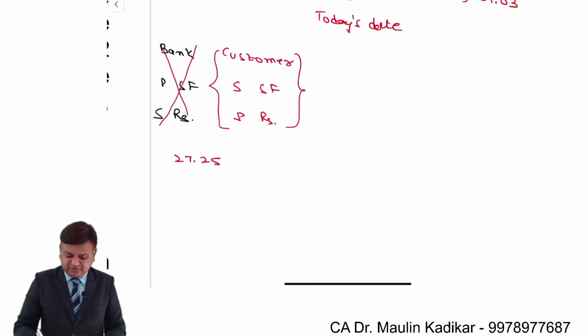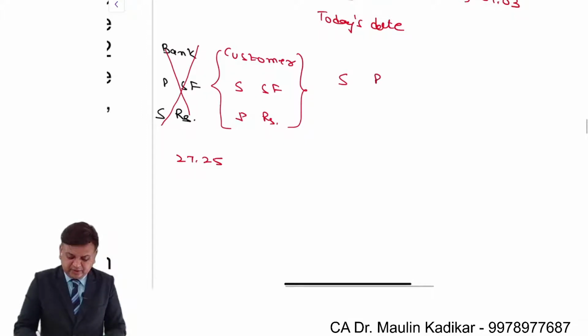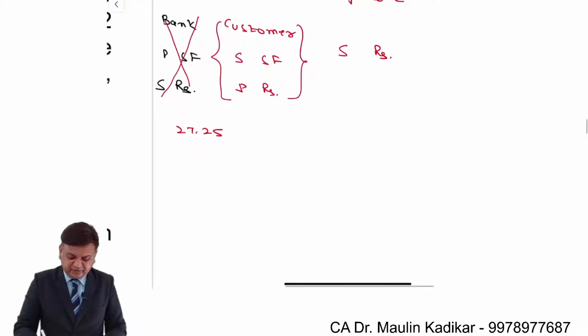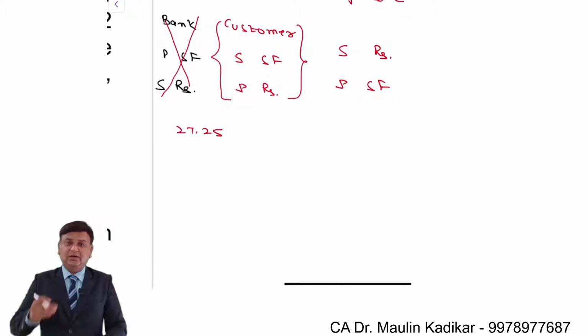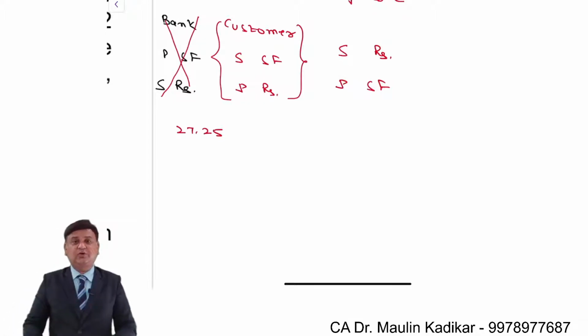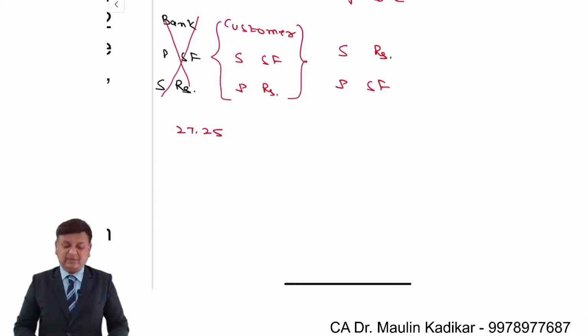How to do cancellation? Very simple. You have to enter into a 1 month forward contract for sell of rupees and purchase of Swiss franc. That is the reverse of the original forward contract required to be entered into.